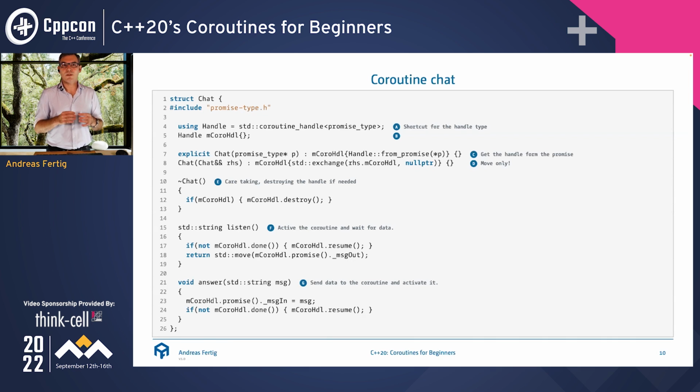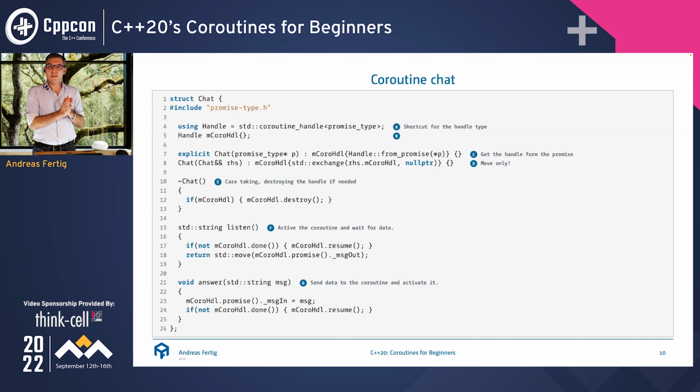And in line number 7, you see the constructor of chat, which takes a pointer to the promise type and calls from promise on this coroutine handle type. This is a static function that knows how to convert from a promise type to a coroutine handle, such that I have the ability to control the coroutine later.